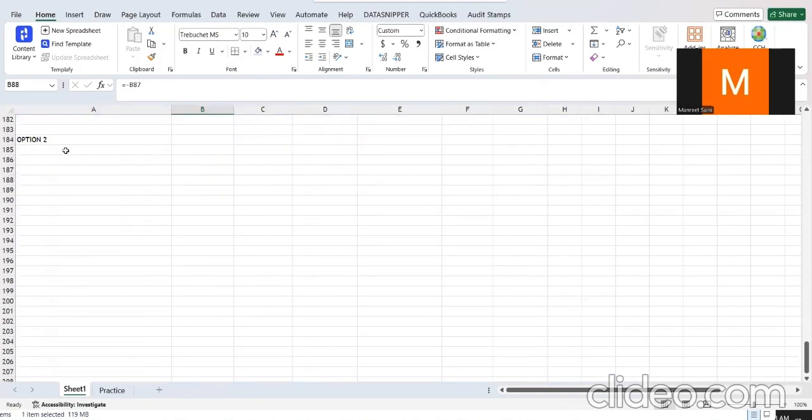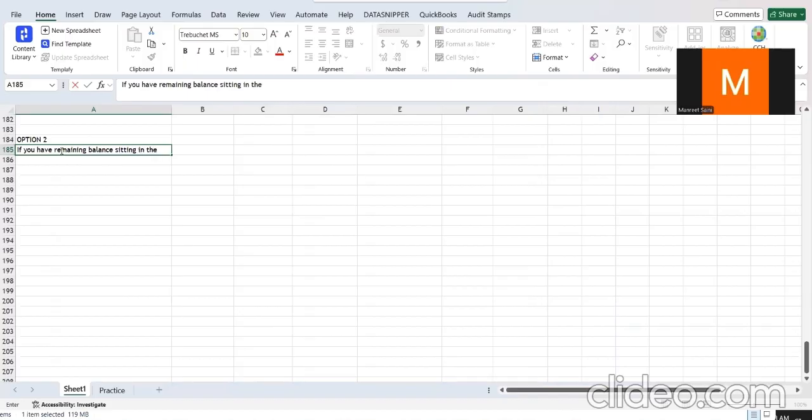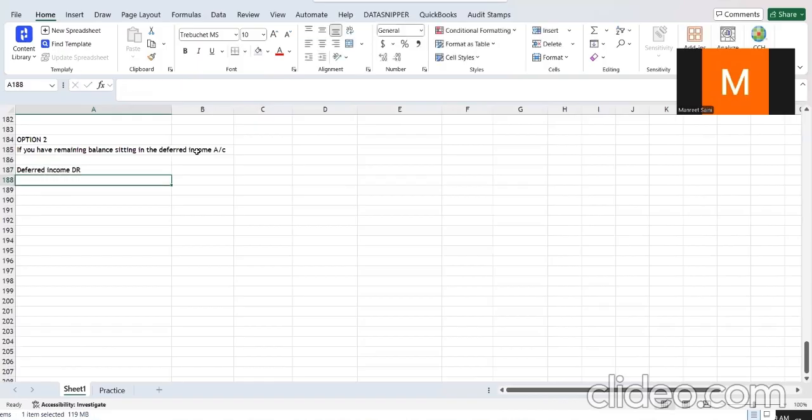So if you have a remaining balance sitting in the deferred income account, then you debit your deferred income and credit your cash.